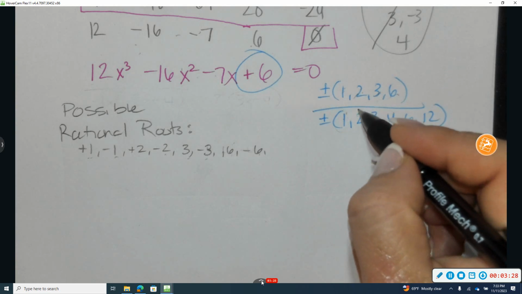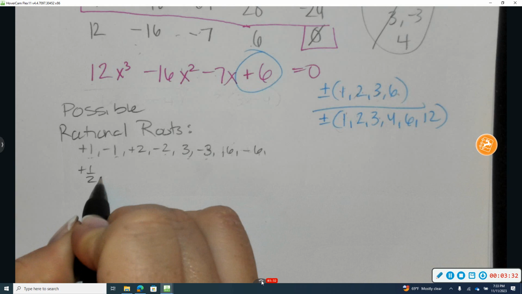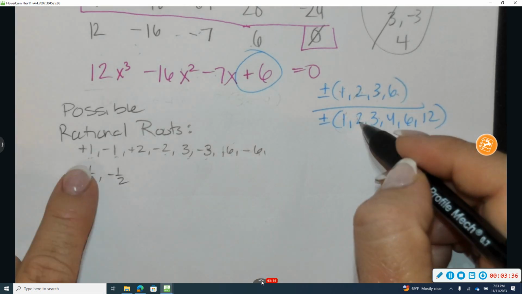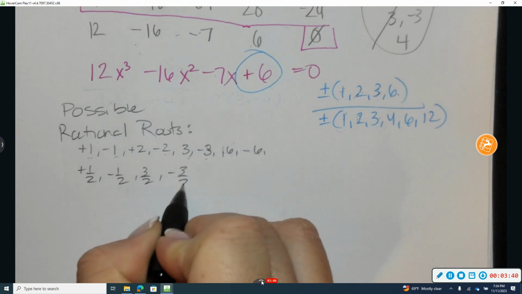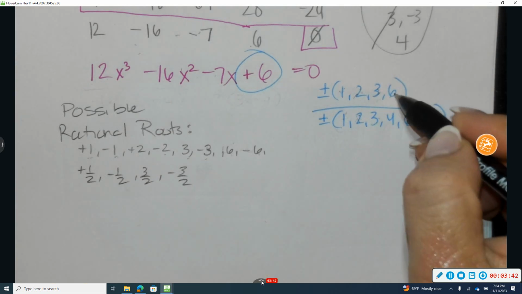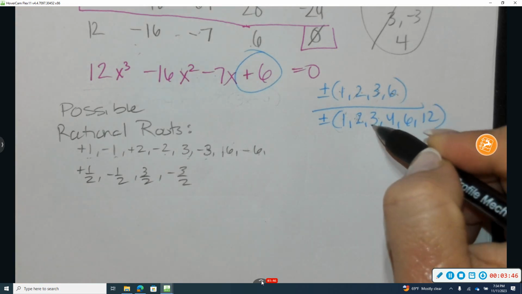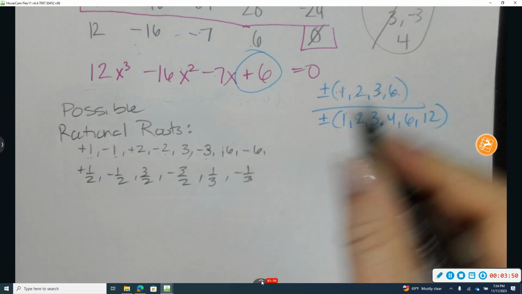Then I'm going to slide over in the denominator to 2, so I have 1/2, positive and negative. Now I take 2 over 2, but I know that reduces to 1. I have 3 over 2 and -3 over 2 as a possible rational root. And I know 6 over 2 reduces to 3. Sliding over to 3, I have 1/3 positive and negative.